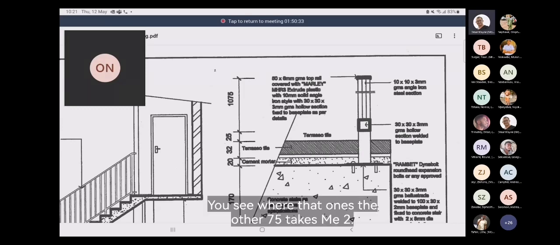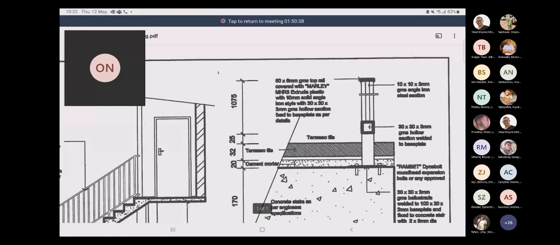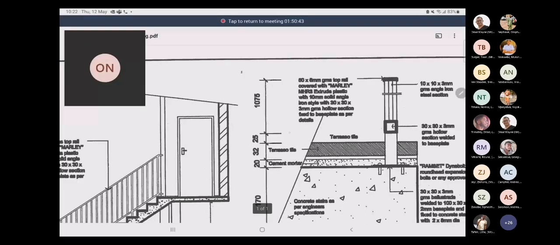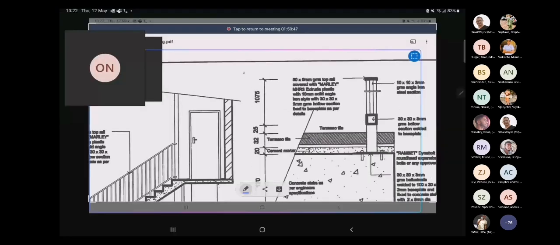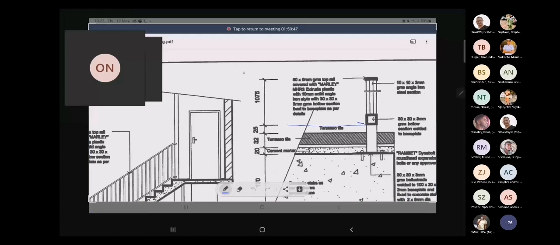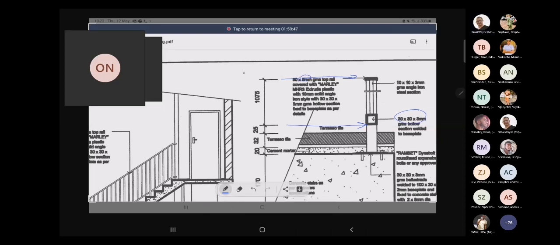You see where that 1075 takes me to? That 1075 takes me to the bottom of my 30 by 3. You see that? And by the same token, that 1075 takes me to the top of my 6 millimeter.